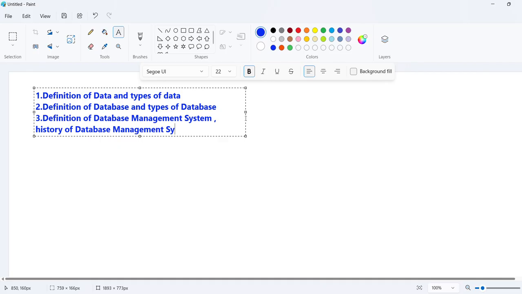Management system, shortly we call it DBMS.